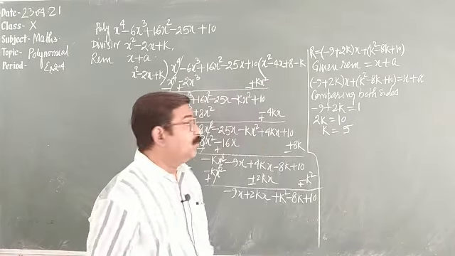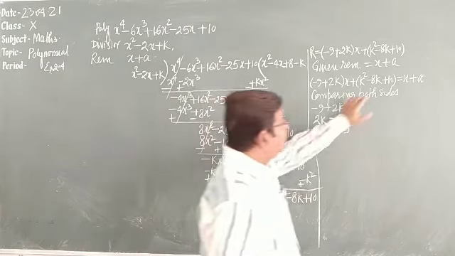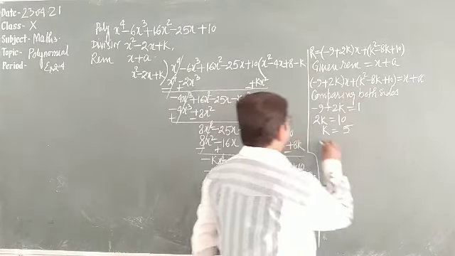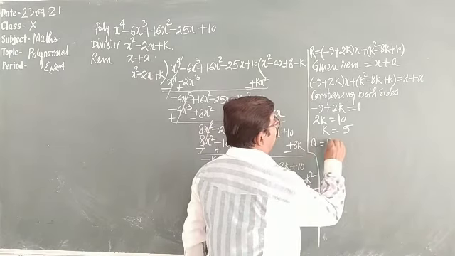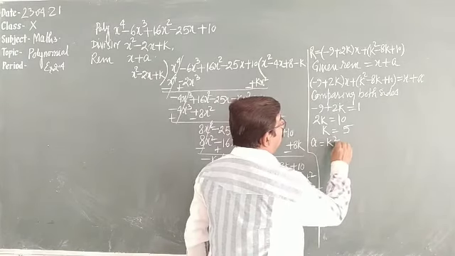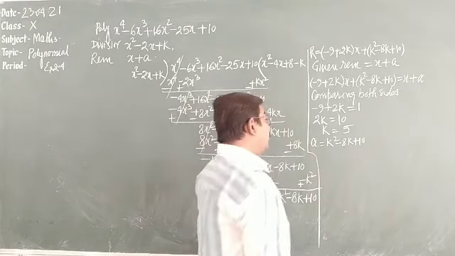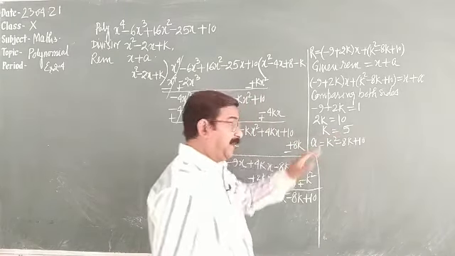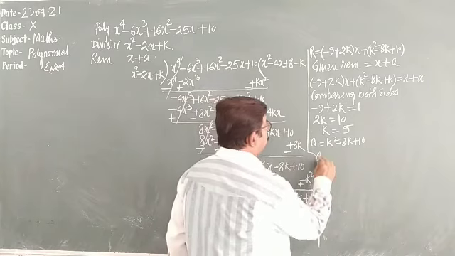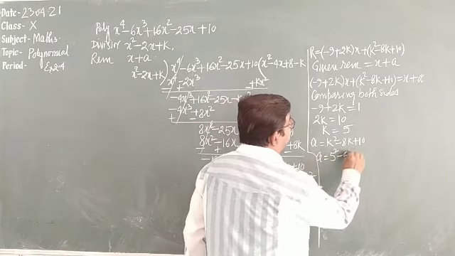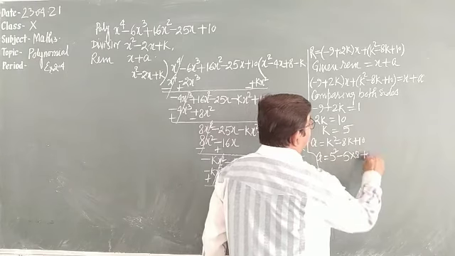K is equal to 5. Now without x, this is a, and a is equal to this much. A is equal to k square minus 8k plus 10. Now we have got the value of k. Write the value of k. A is equal to 5 square minus 5 into 8 plus 10.